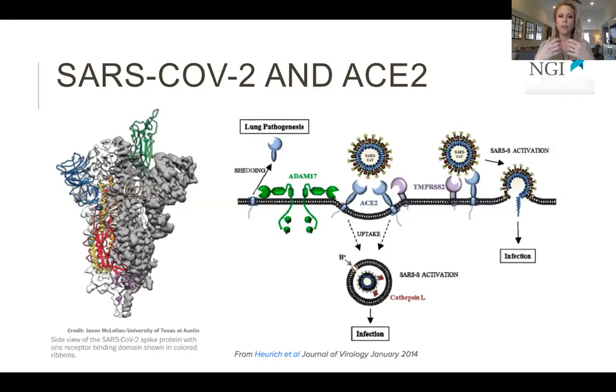And we'll talk about that. So it creates a gap, which basically allows the virus to come in and bind to that receptor and then come into the cell. So over here, you'll see that there is a picture of the spike. So it's just sort of a neat picture to get kind of a visual of what it looks like.